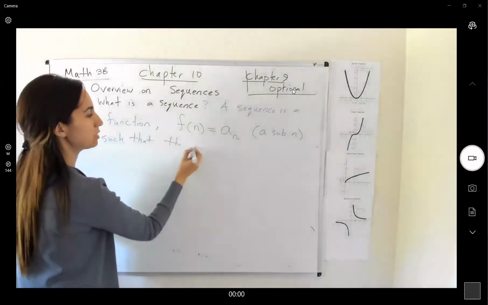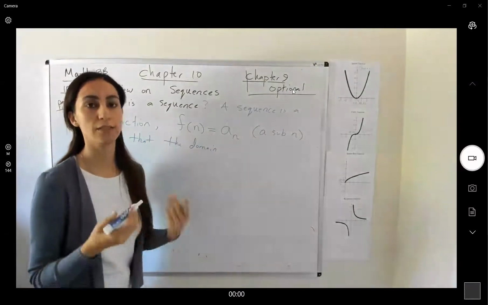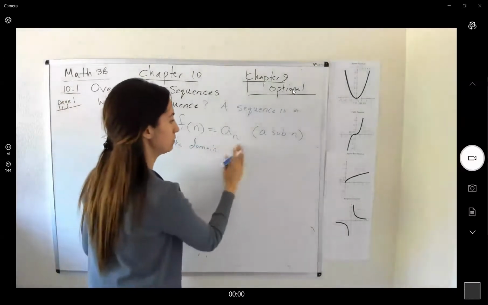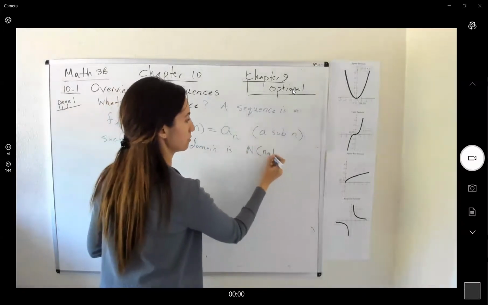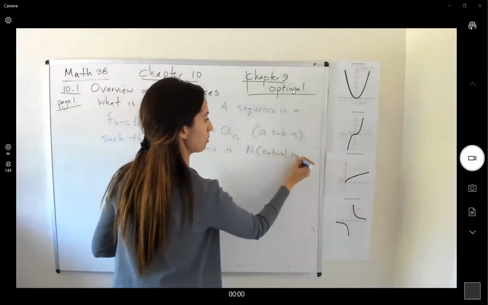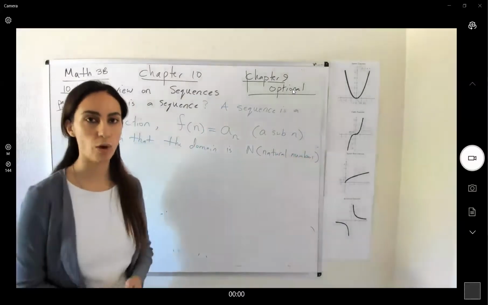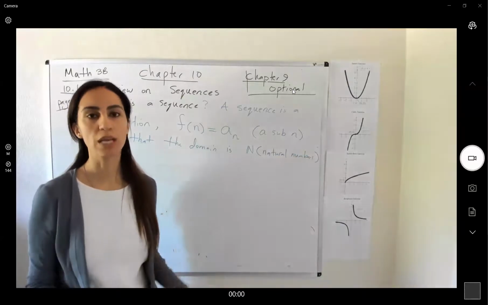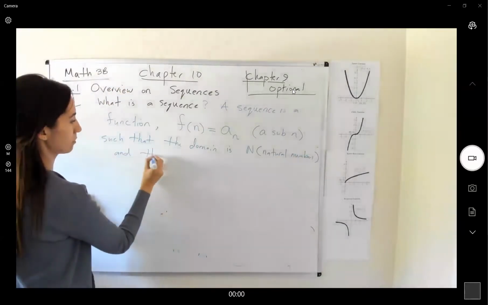A sequence is a function f of n equals a sub n, such that the domain of the sequence is natural numbers, or counting numbers, and the range of the sequence is R, or real numbers.